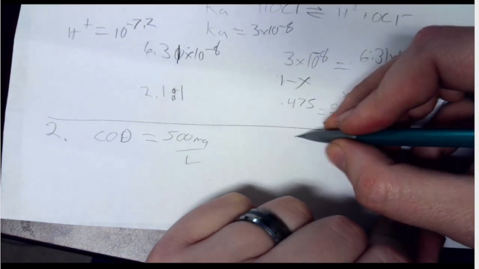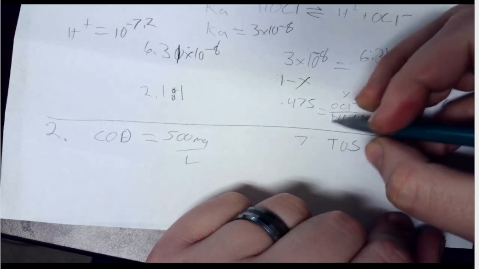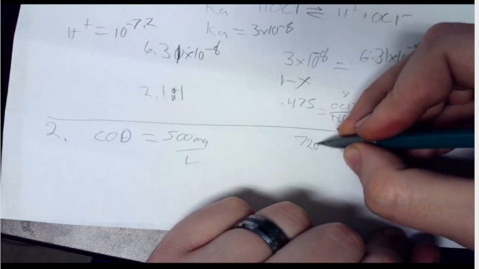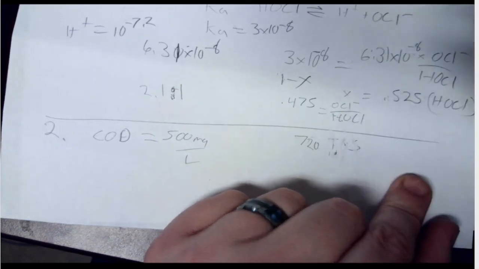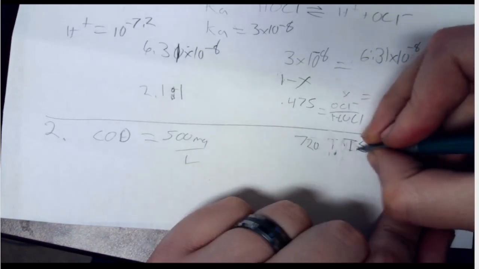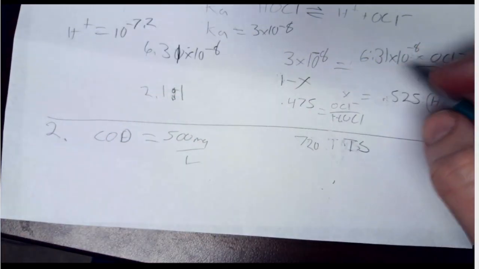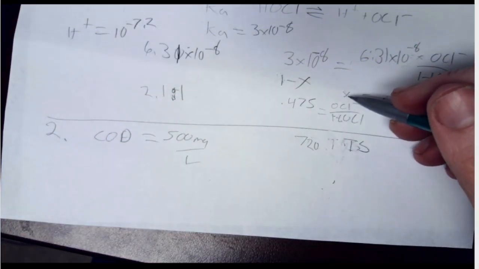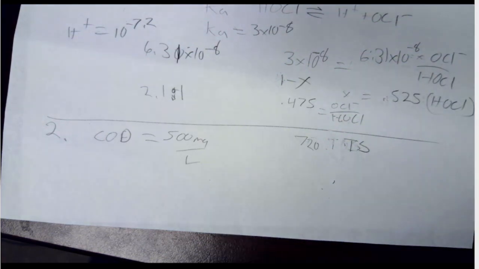So TS is 720 milligrams per liter, and we're wondering how much of that must be from organic matter. Assume the organic fraction can be represented as CH2O.